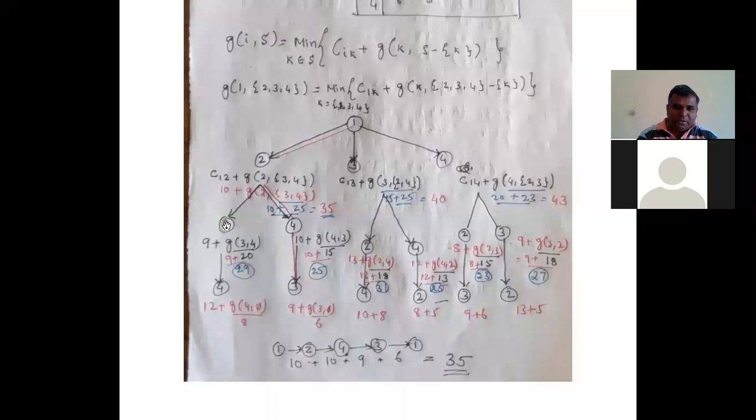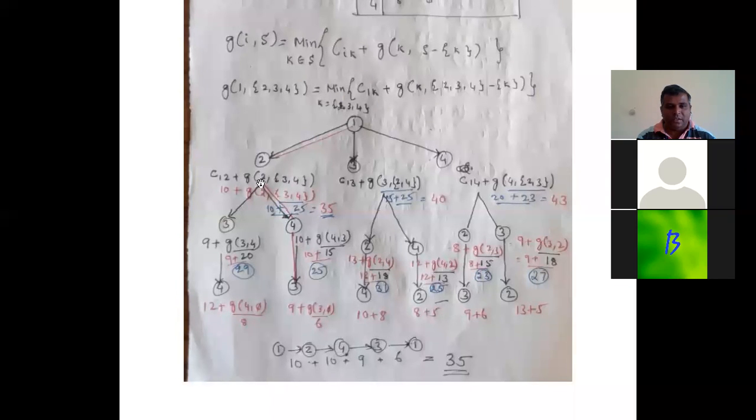So when it goes to 3, the cost from 2 to 3, from the matrix you have to find, C of 2 3, is 9, plus G of 3 comma the remaining node. The remaining node is 4, with 3 as the intermediate node. When we select 4 as the next node, the cost from 2 to 4 is 10.